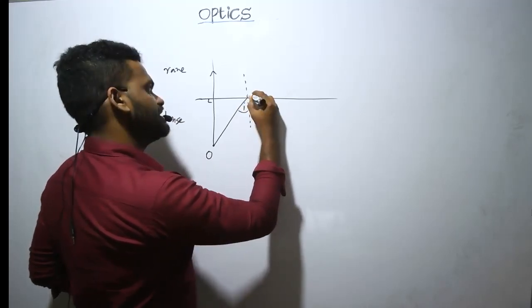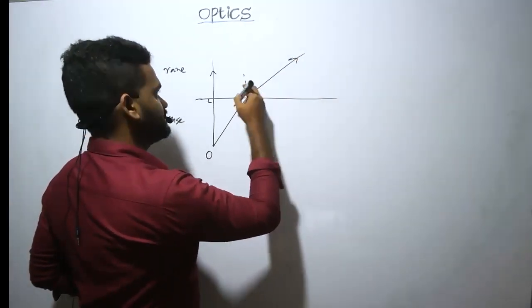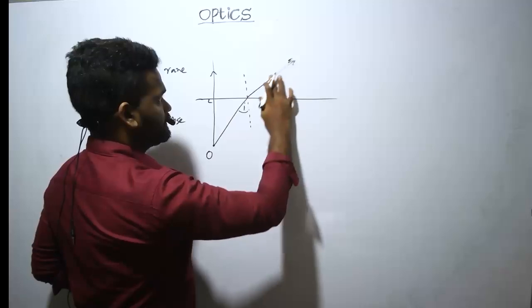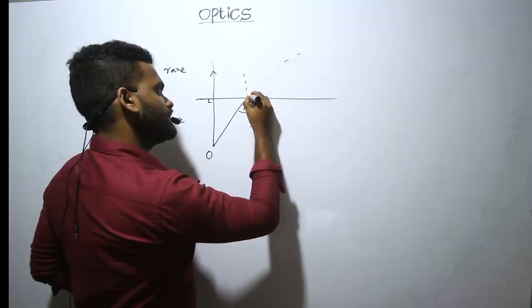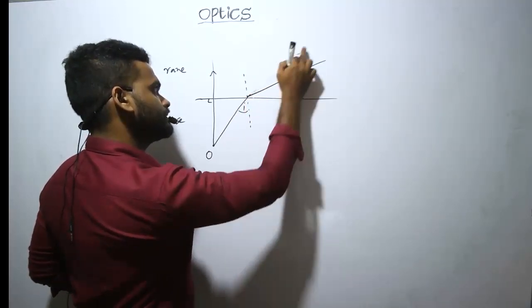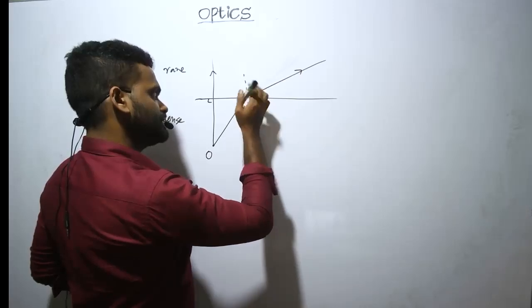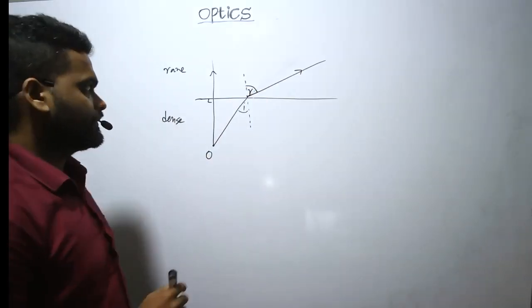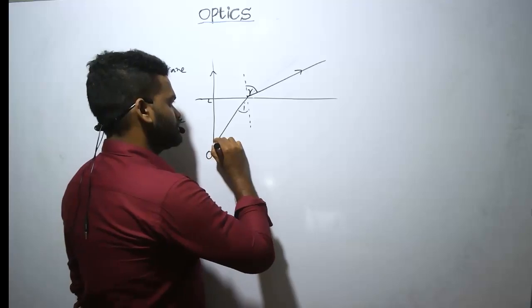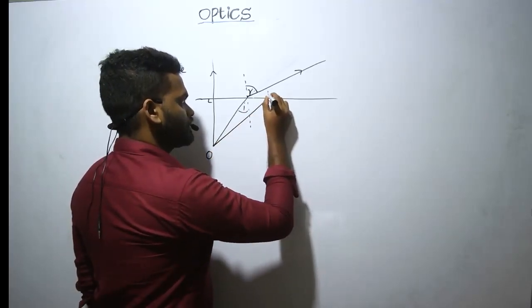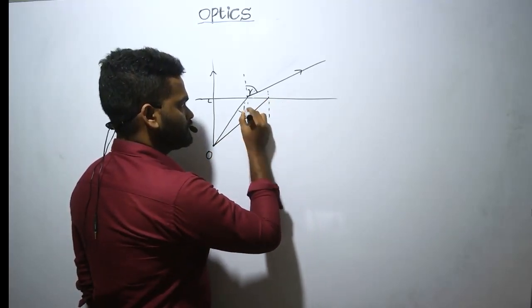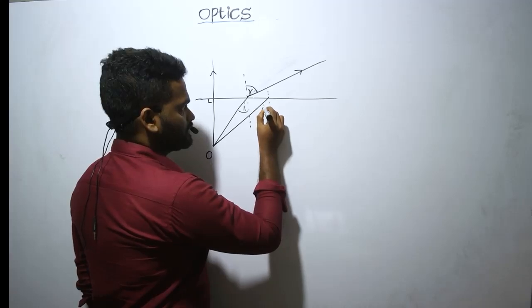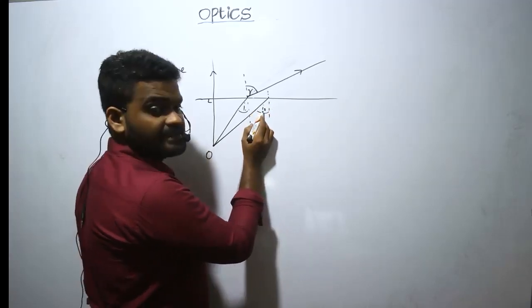Let's say it emerges. This is the rare medium, so it moves away, like this. Then I'll draw one more. So you can see here the incident angle is larger.